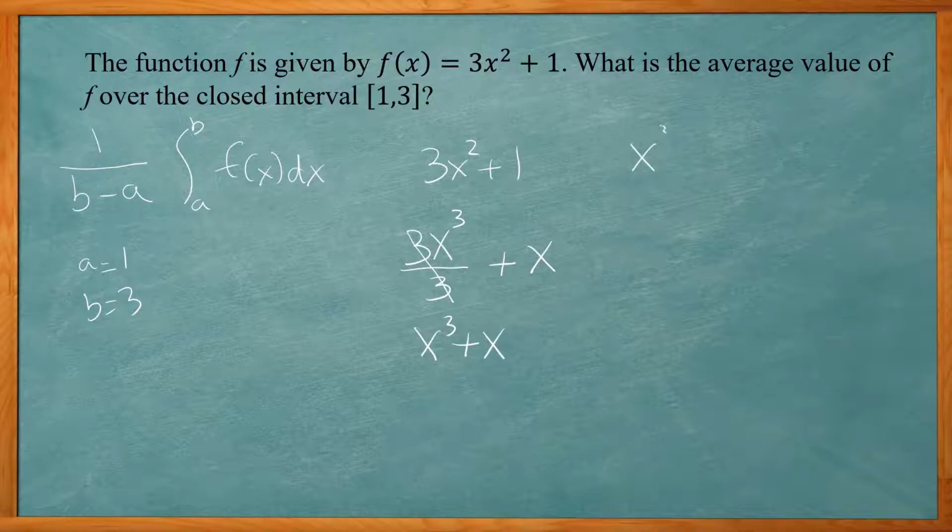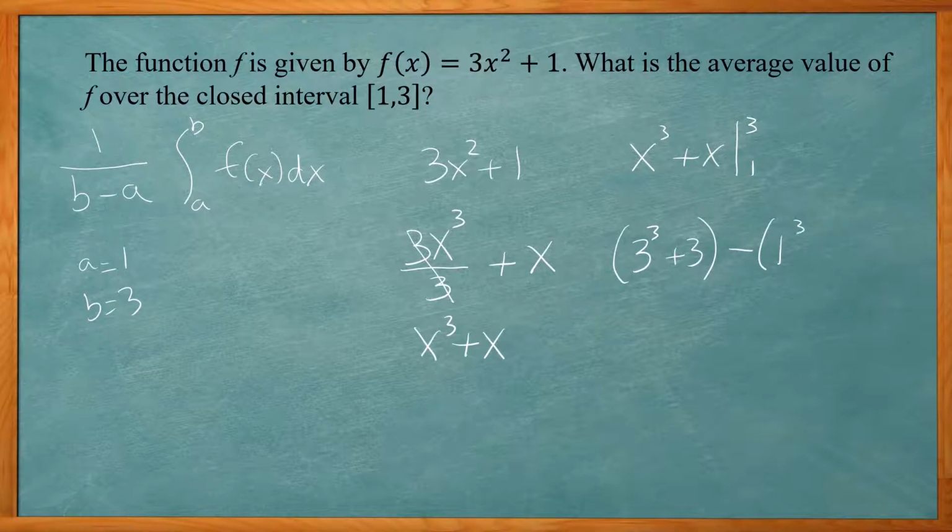Now we're going to take our x to the 3rd plus x and evaluate it. Okay, so that's going to be 3 to the 3rd power plus 3 minus 1 to the 3rd power plus 1.